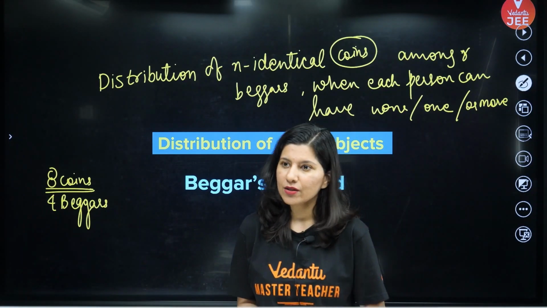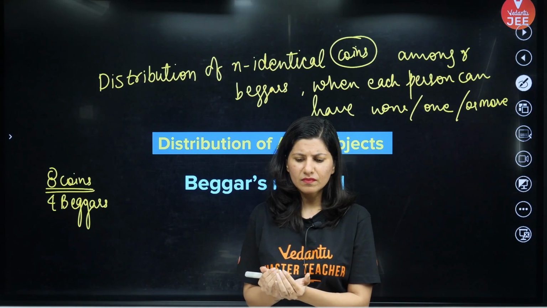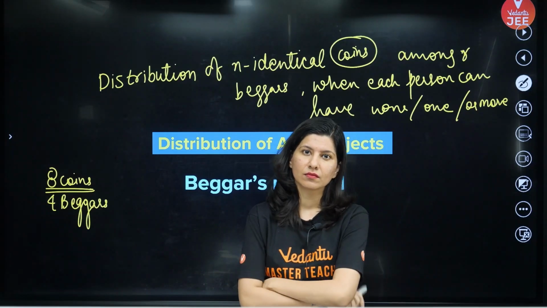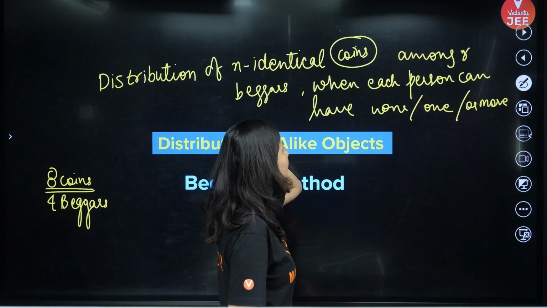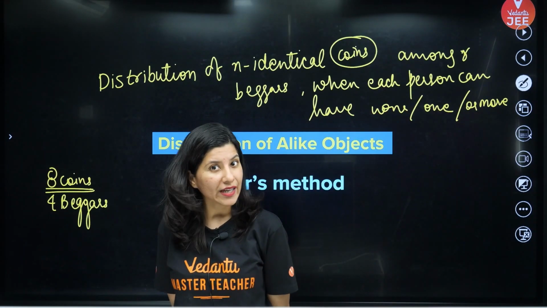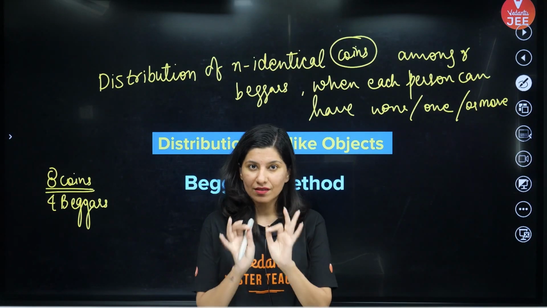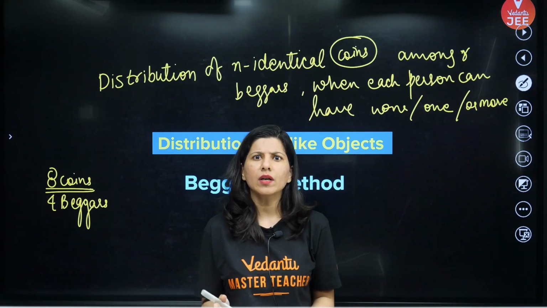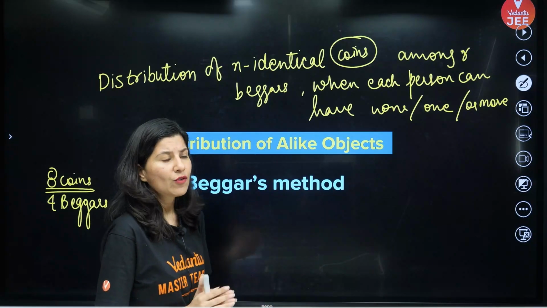If I wish, I can give all the 8 coins to beggar number 1 and the rest 3 get nothing. That's why each beggar can have none, one or more. Basically any beggar can have 0 coins, any beggar can have 1 coin, and any beggar can have more coins also. So multiple cases are involved here.